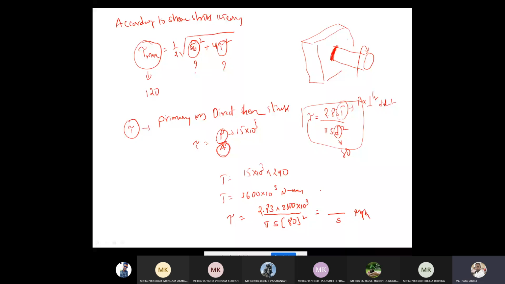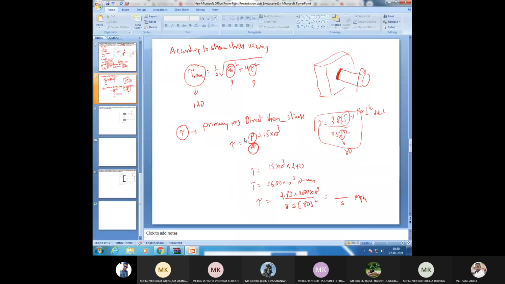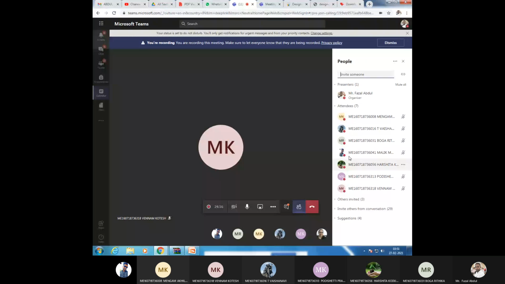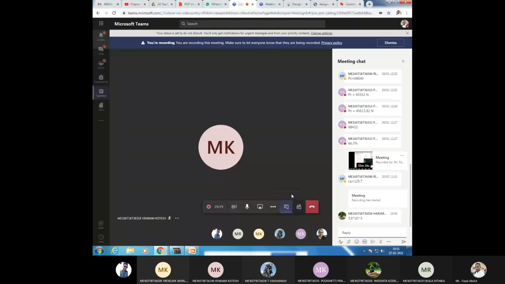Now tell me the value of sigma S, not the T value. Do it first. Very good, Harshita. Answer given 3.6 into 10 to the power of 3. Okay. Now tell me the shear stress value.